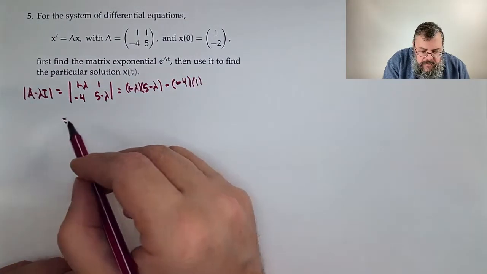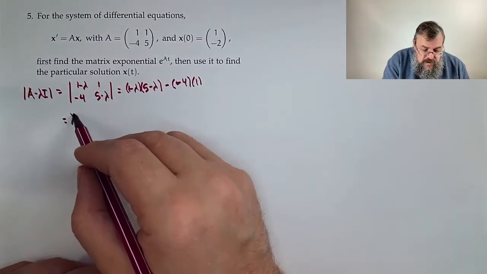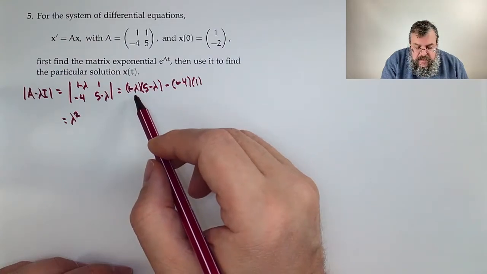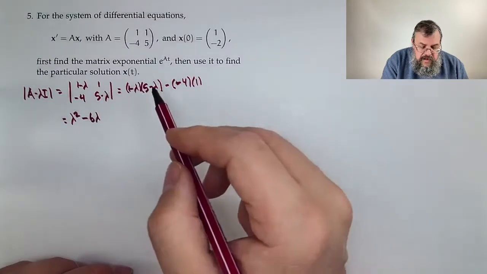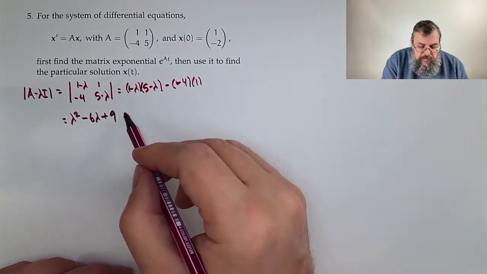What would that be? In the first part, you'd have lambda squared. Then we'd have a minus 5 lambda and a minus lambda, which makes minus 6 lambda. Then we'd have 5 plus 4, which makes it plus 9.